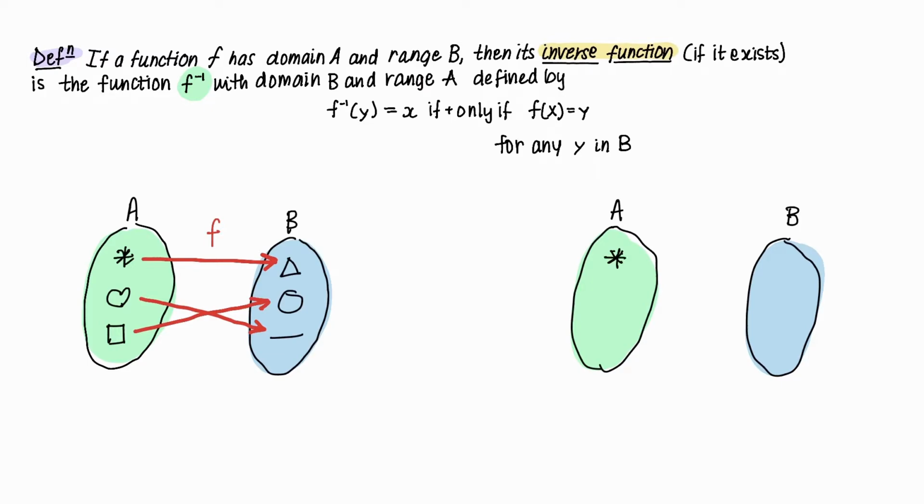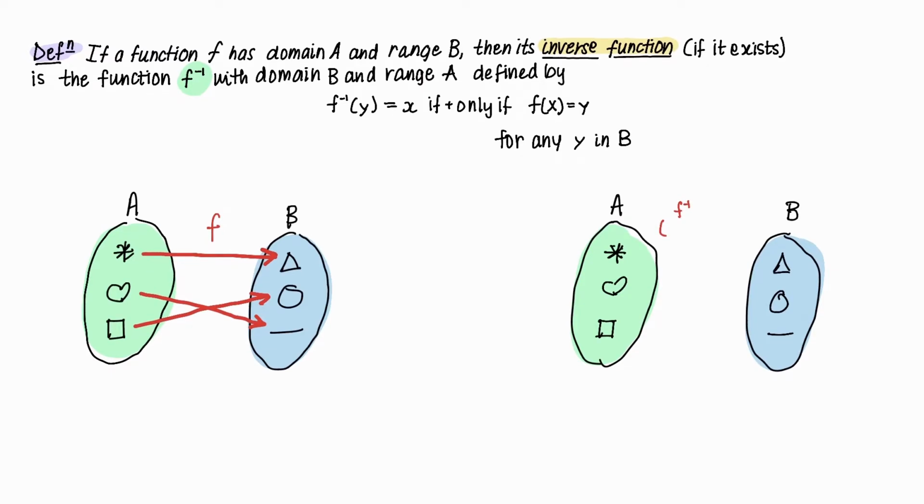So the inverse function, all it's going to do is flip the arrows. So let me draw this really quick. So this is going to be f inverse, and the arrows are going to be flipped.